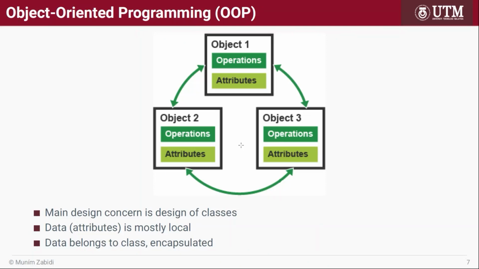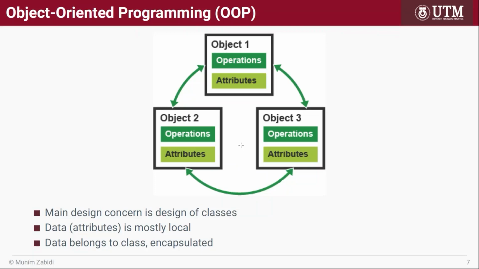These attributes are mostly private, local, or owned by the object, and the other parts of the program cannot modify the data accidentally. So when you have a big program, this feature helps you a lot to make sure your program still works, because if you accidentally modify data, the whole program doesn't work.